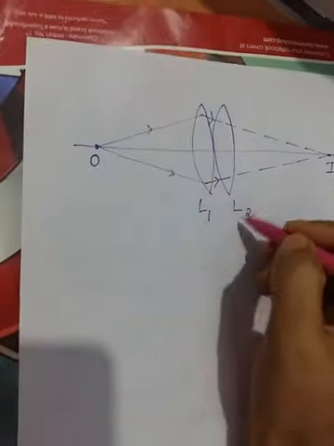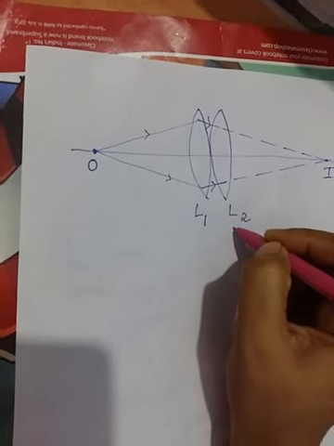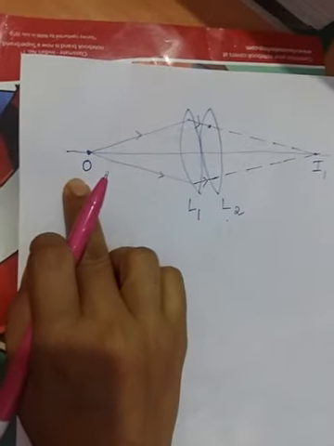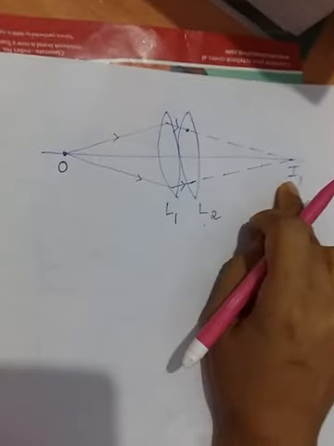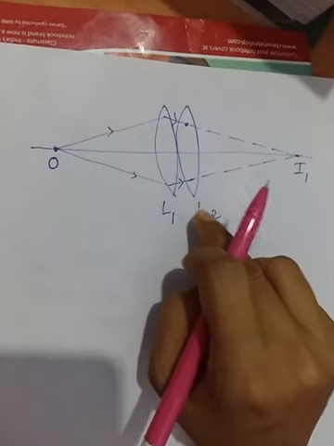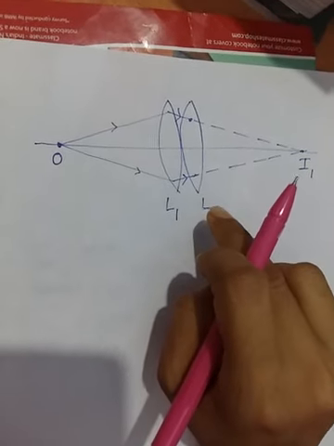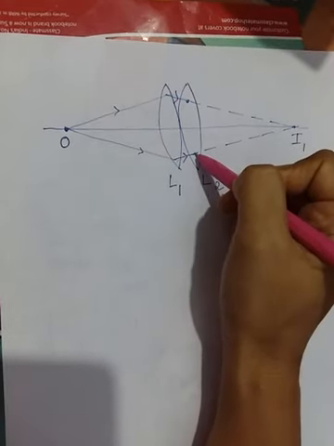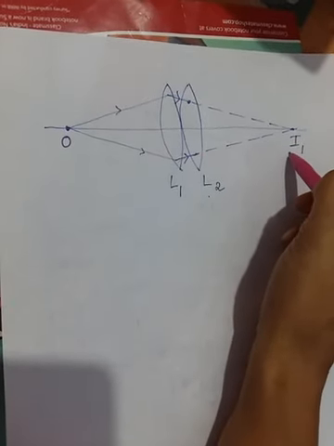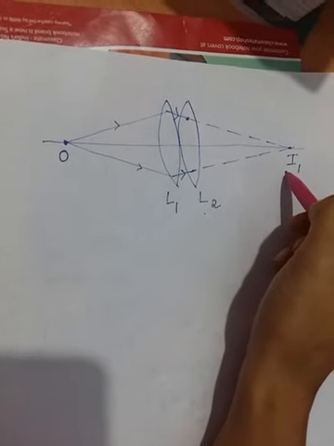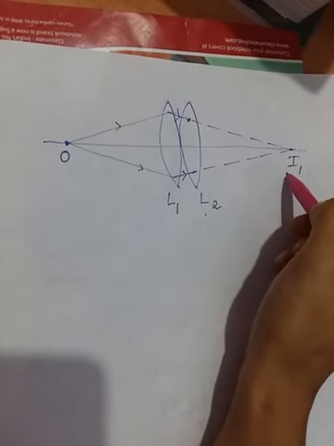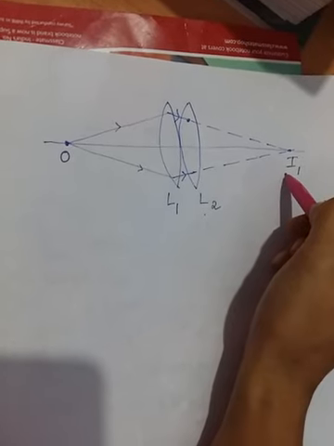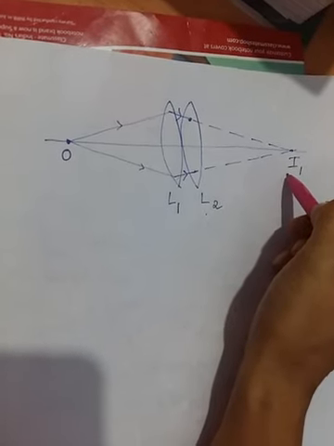For L1, O is the point object and I1 is the image. But when we consider L2, these are your incident rays which converge at the point I1. It is not actually converging, but it appears to converge. So I1 is acting as a virtual object for L2.